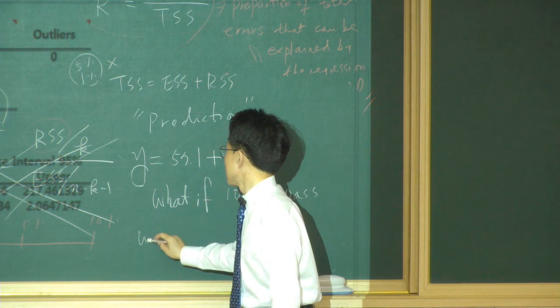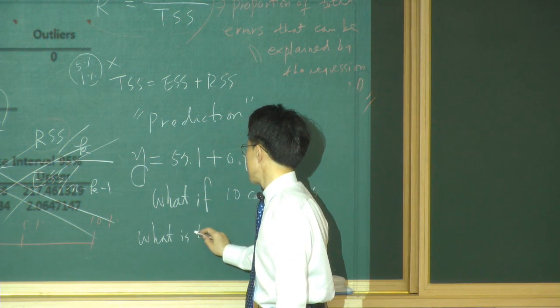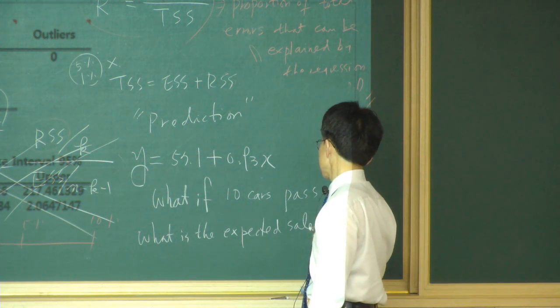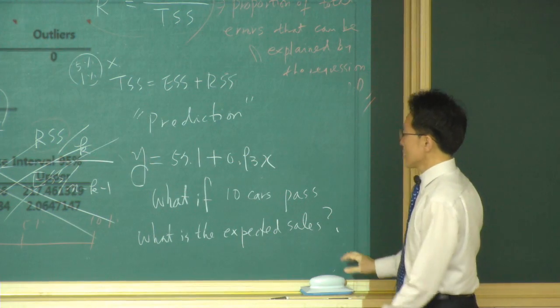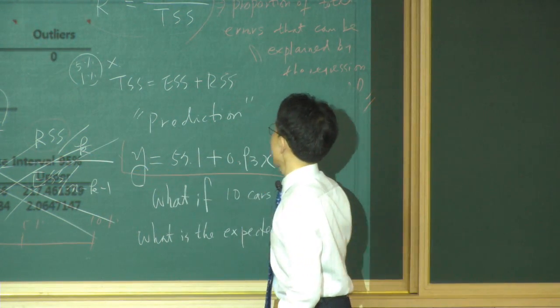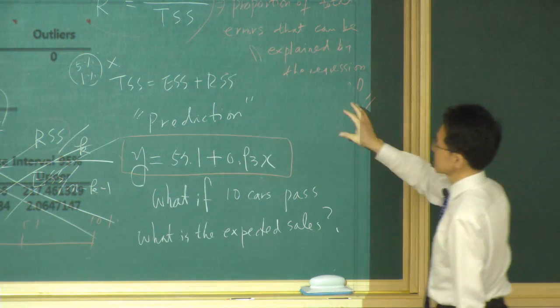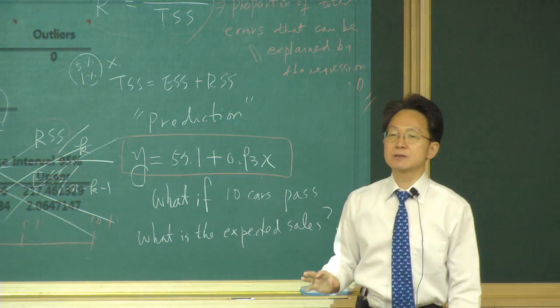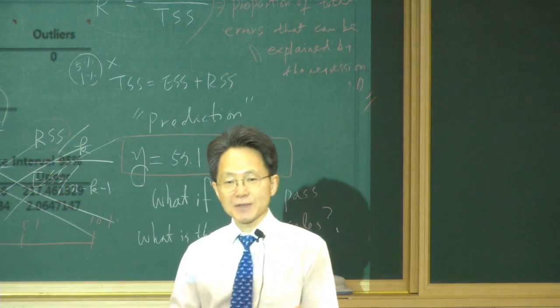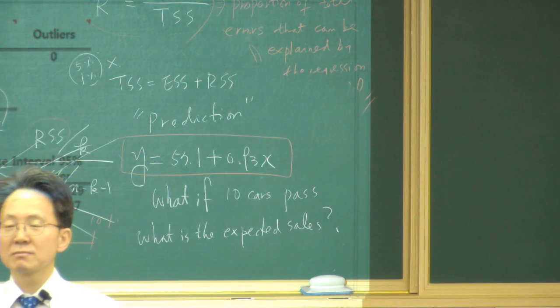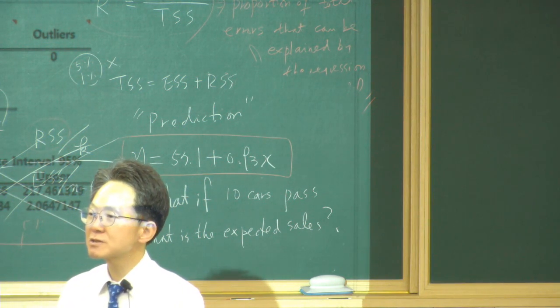What is the expected sales? Okay? That's prediction. The reason why we have this regression line is I want to make a prediction. So that's our regression line. And then the question is, what if there are 10 cars pass by every hour, what is the expected sales?